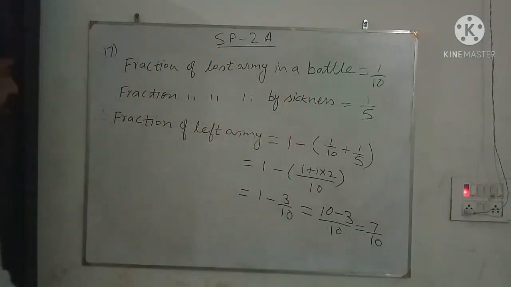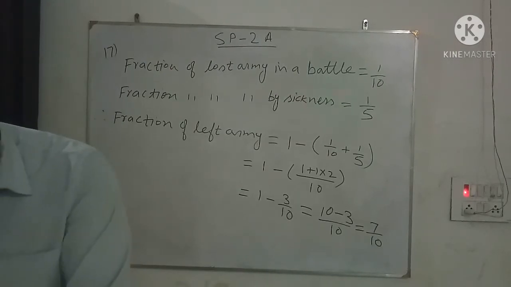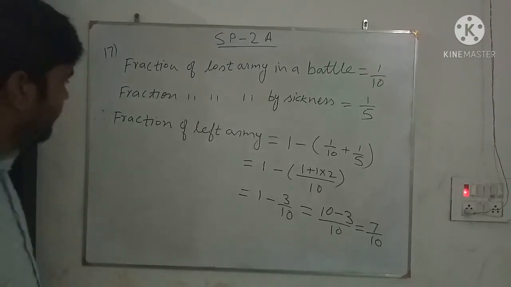So what is the fraction of the left army, who are surviving? That is 7 by 10, correct? Okay, 7 by 10.